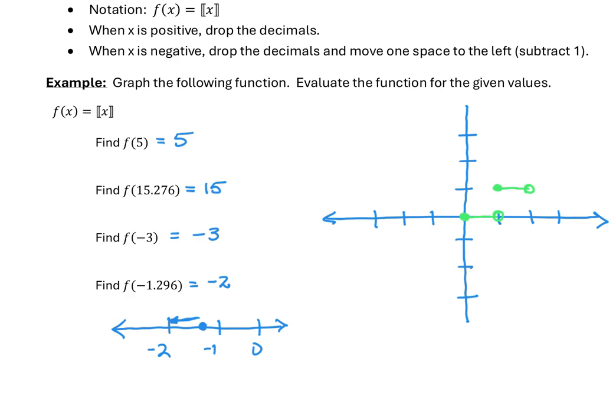We can continue this pattern. When we get to 2, 2 is an integer, and so we're going to have a closed circle. Then all of the numbers between 2 included and strictly less than 3 will round down to 2.